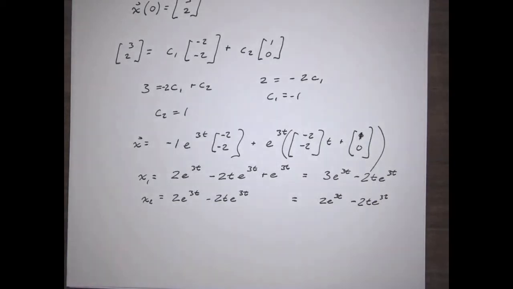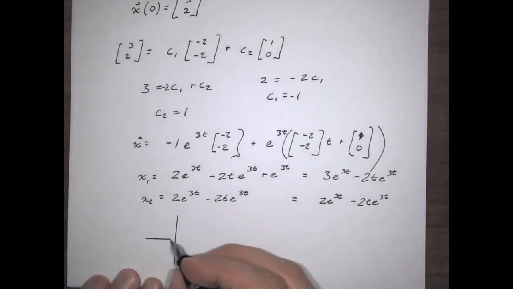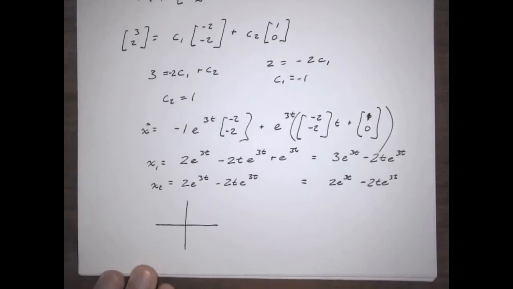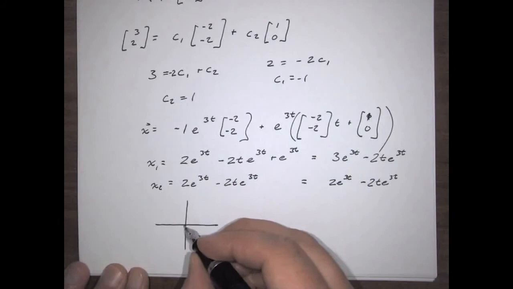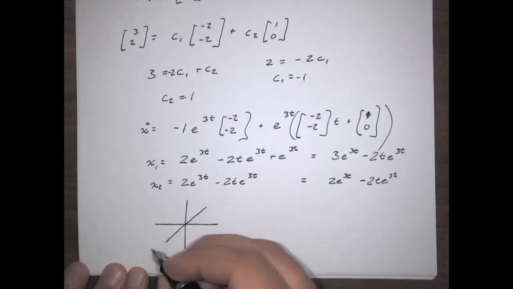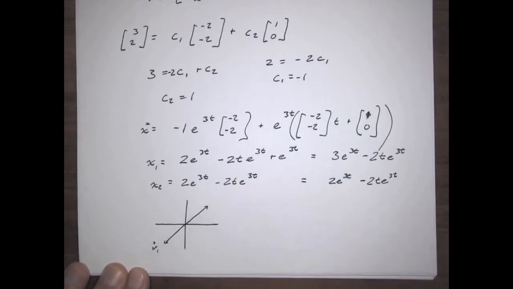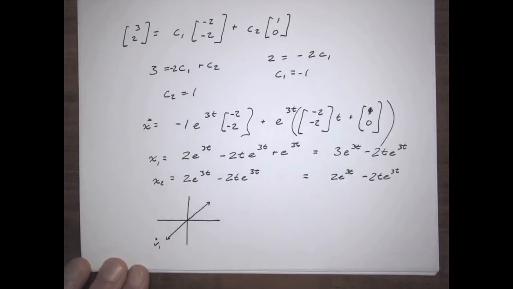Now we can also make a rough sketch of what this is going to look like, and then compare what we produce with what is produced by something more professional, such as a Bluffton style applet. So this is going to be our v1 going that way, and the negative v1 pointing out that way. Also an eigenvector. In fact, all the eigenvectors will be the things that point right along this line.